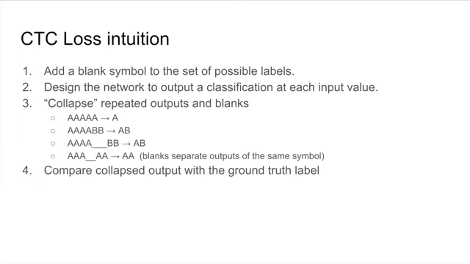So specifically, we're going to have a set of labels. Think about this. This could just be the alphabet, and then a labeling is going to be a sequence of these labels. And so right now, we're going to add a blank symbol to our set of possible labels. And then we're going to design the network such that at each output, we output a classification of one of these labels.